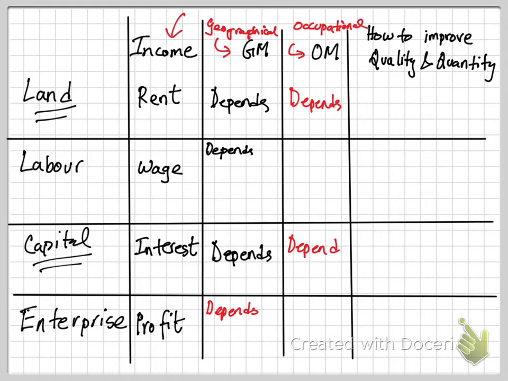In terms of labor, what does the occupational mobility depend on? It actually depends on your skills, right? It depends on your skills. It depends on your education. So if you have a lot of education in a lot of diverse areas, if you know economics, if you know maths, if you know science, if you know business, then you can become whatever you want, right? You can do whatever you want, produce whatever you want.